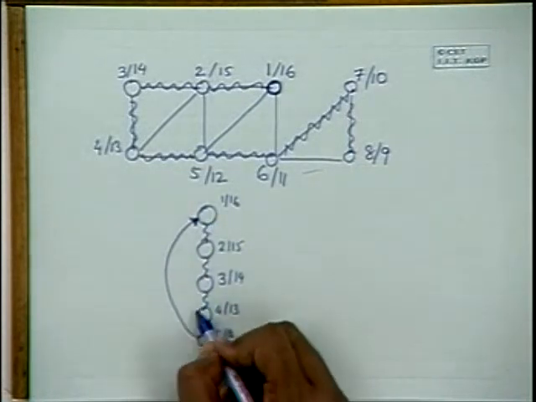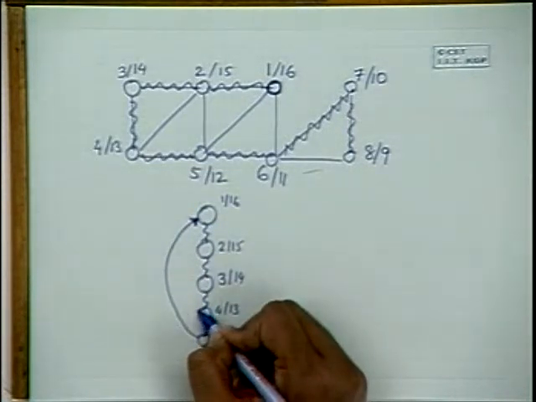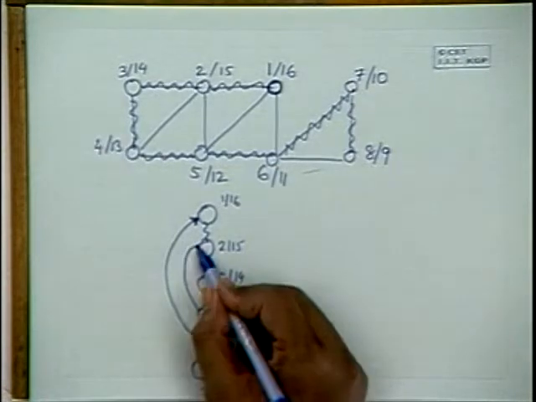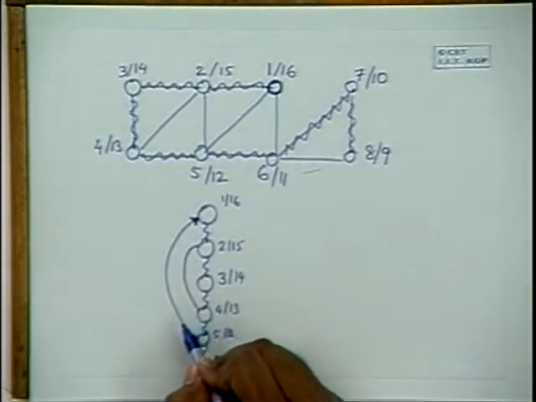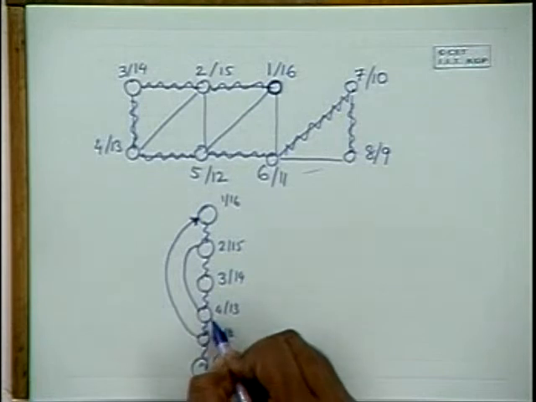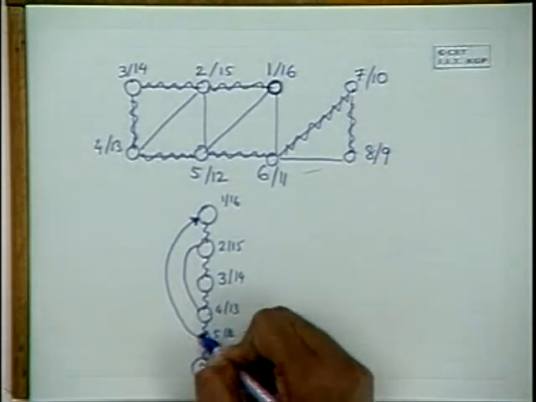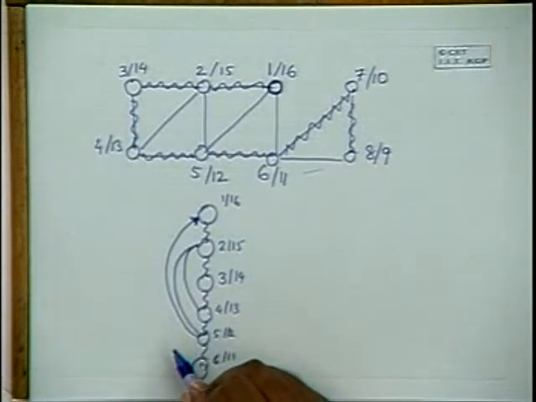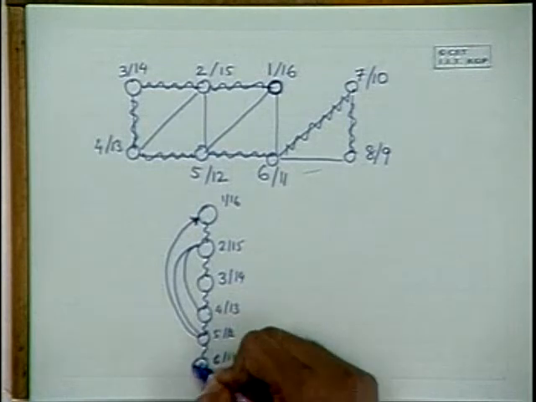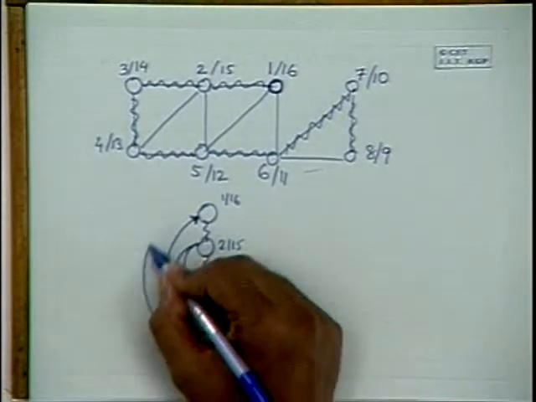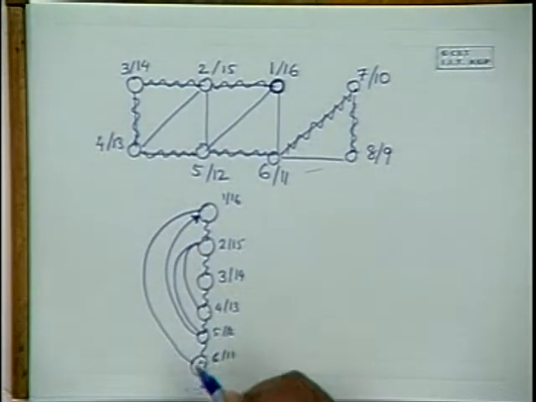Similarly 4 to 13 there is an edge to 2 to 15. Then 3 to 14 there is none. 4 to 13 there is 2 to 15. Then 5 to 12 there is one more edge to 2 to 15. Then 6 to 11 to 1 to 16 there is an edge. So there are some more edges. Okay.